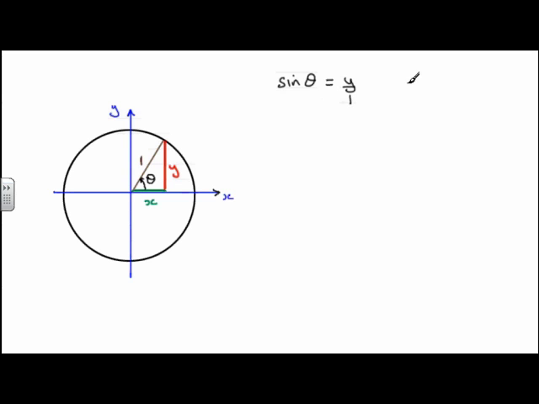So what we have got is that y equals sine theta. Similarly, the cosine of theta, or cos theta for short, is defined as the adjacent side over the hypotenuse, x over 1. And it would follow that x must equal cosine theta.